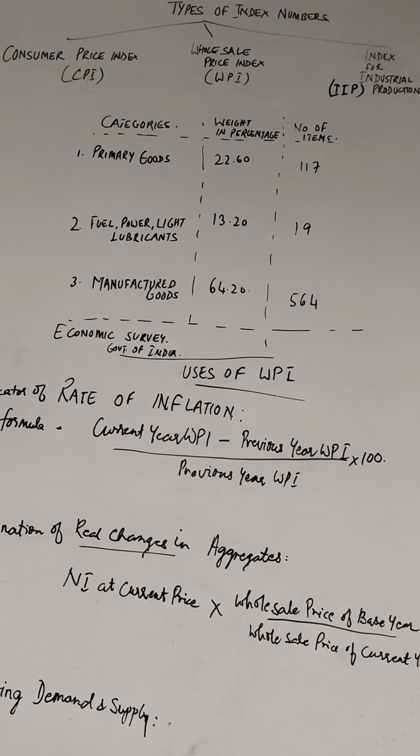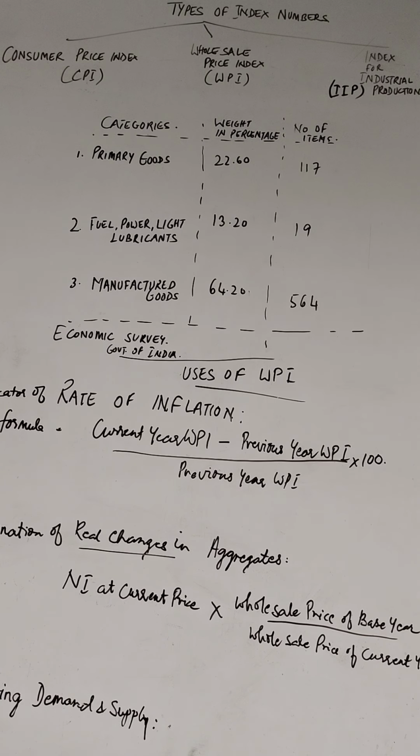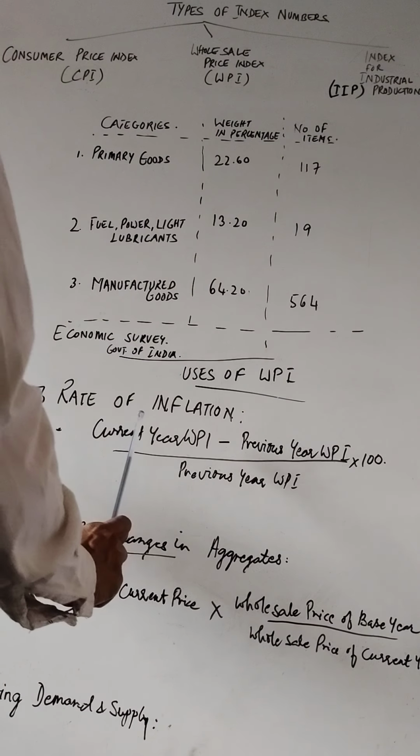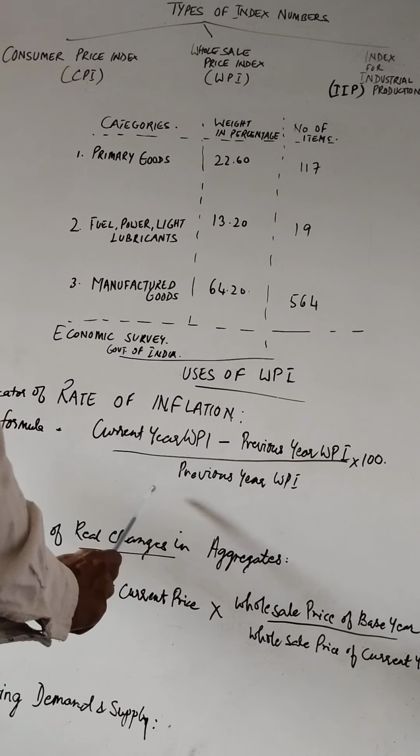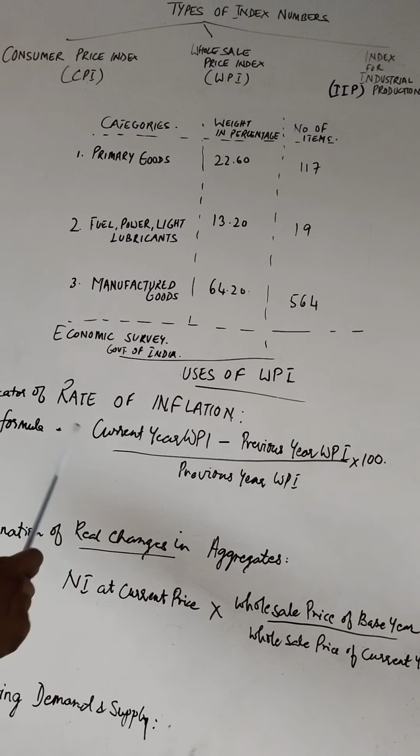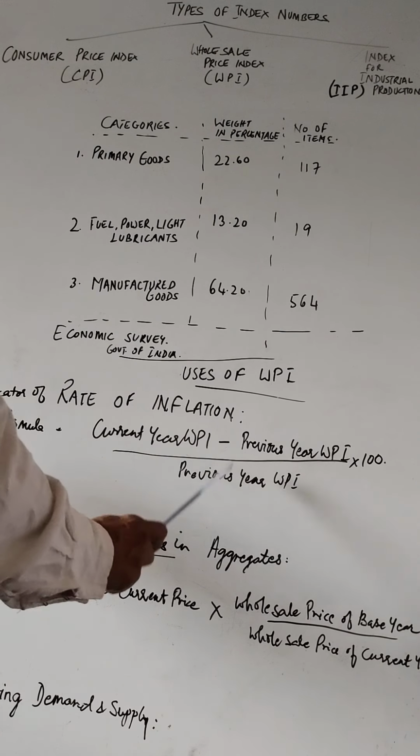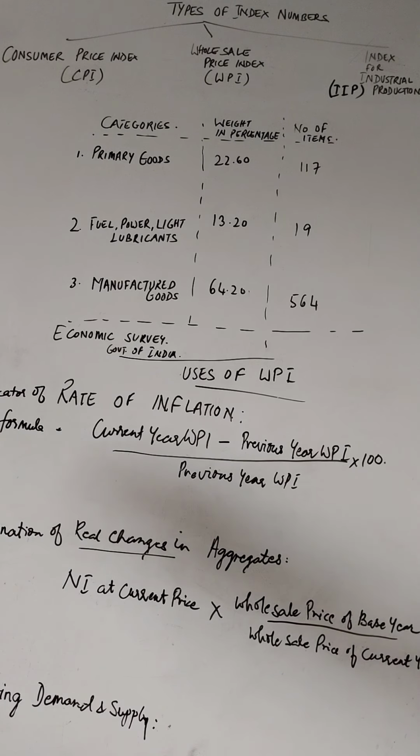Suppose I give you a question that the WPI for week 1 is 400 and for week 2 is 500. Find out the rate of inflation. So what do you do?